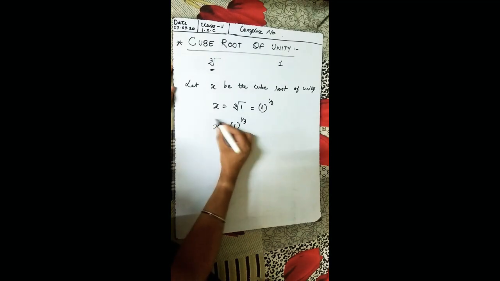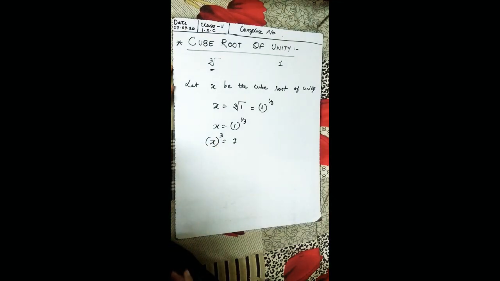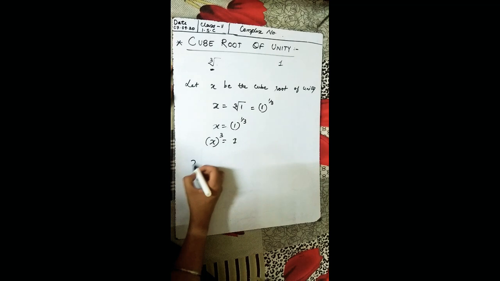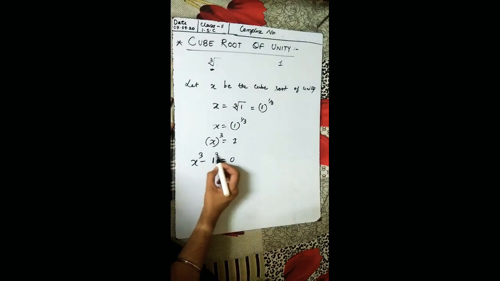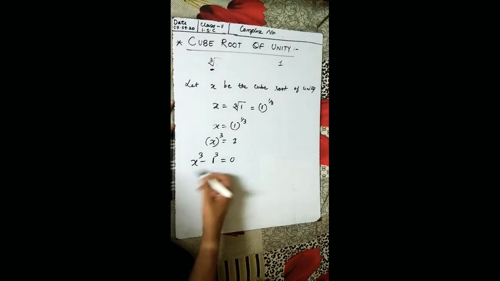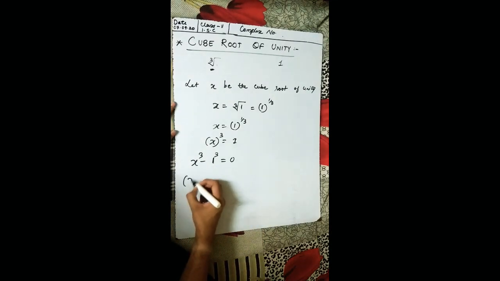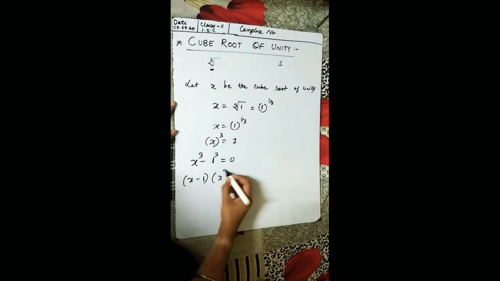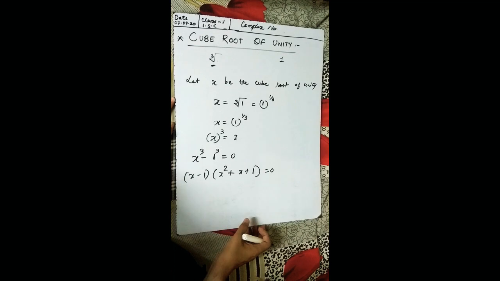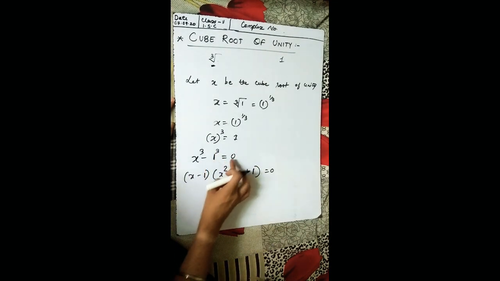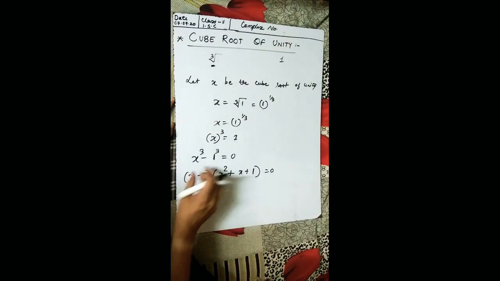If this power goes to that side, it will be cube: x cube is equal to 1. Take 1 this side, so x cube minus 1 equals 0. 1 can be written as 1 cube. Now use the a cube minus b cube identity, which is (a minus b)(a square plus ab plus b square) equal to 0.